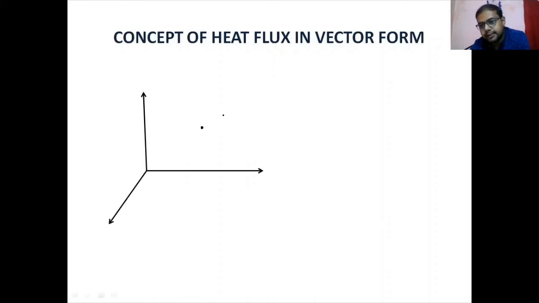Heat may be going along this direction, along this direction, and along this direction. This is the x direction, this is y, this is z. So heat flux on this side is Qx, this side Qy, this side Qz.